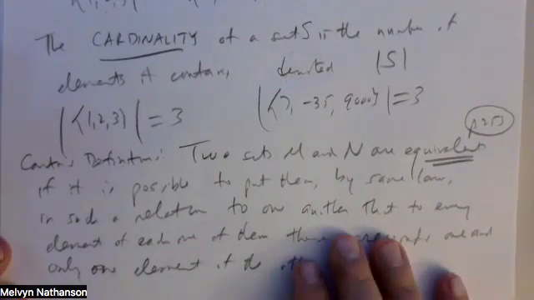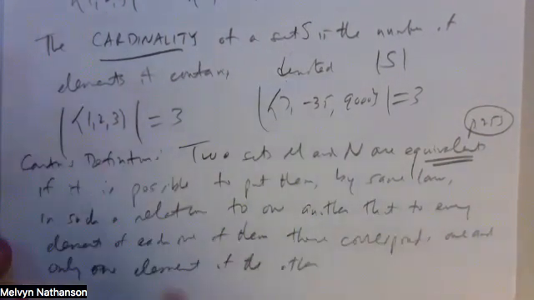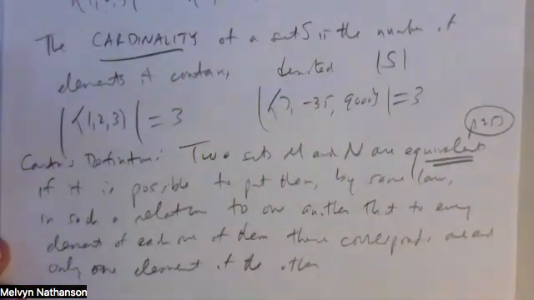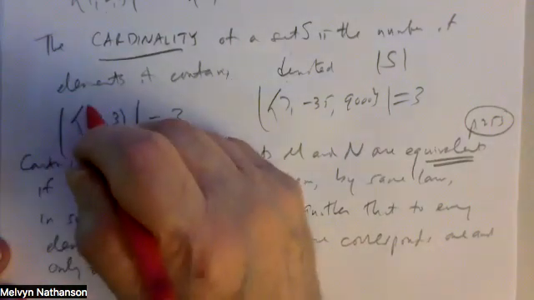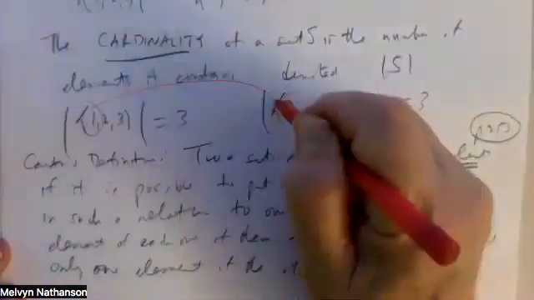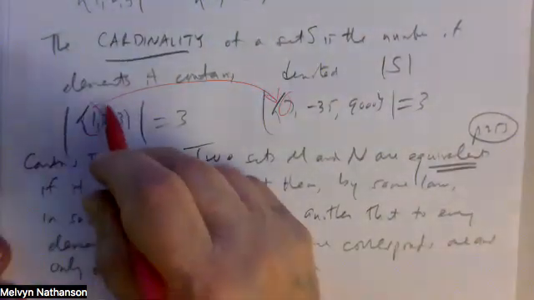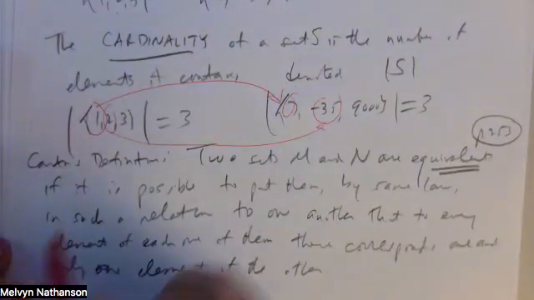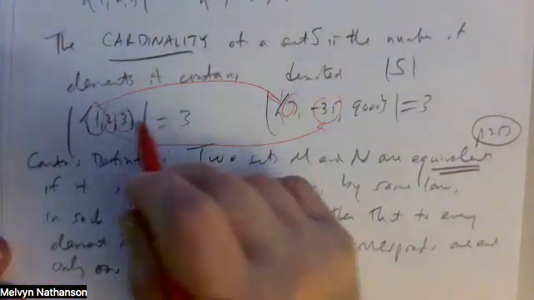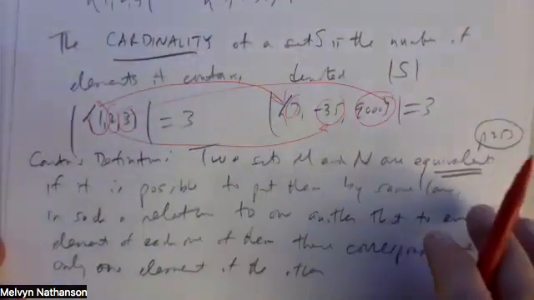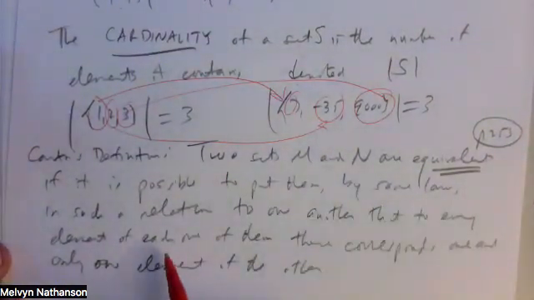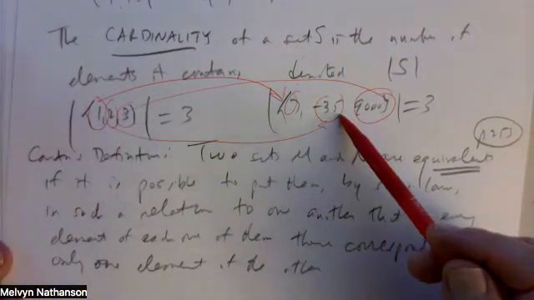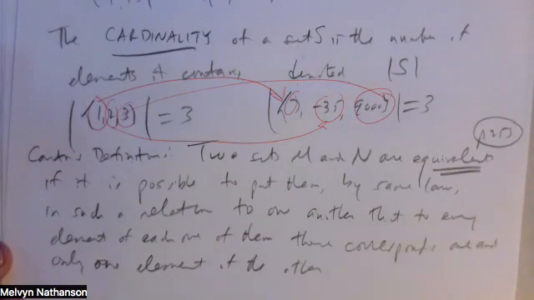So what does that mean? Let me go back to this example. I had the set 1, 2, 3, and the set 7, minus 35, 9,000. So let's say to the element 1 there corresponds 7. To the element 2 corresponds minus 35. To the element 3 there corresponds the element 9,000. So to every element of this set there corresponds one and only one element of the other.